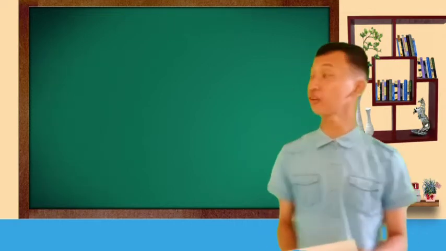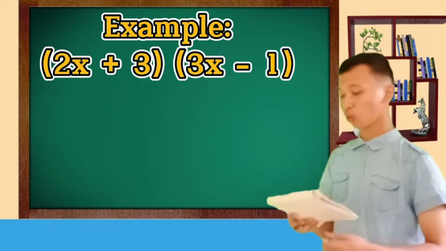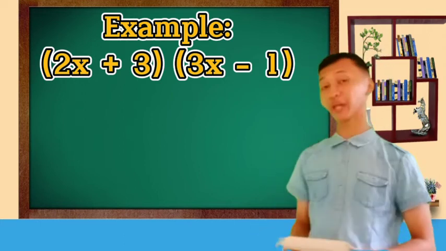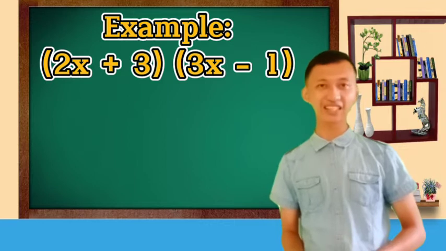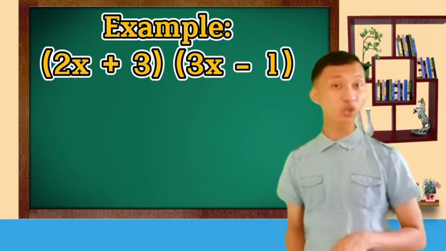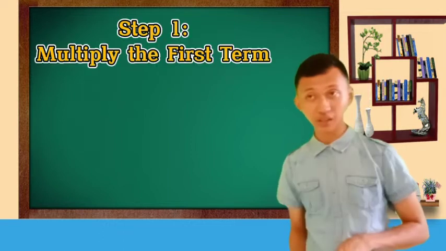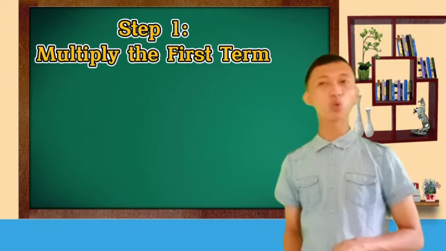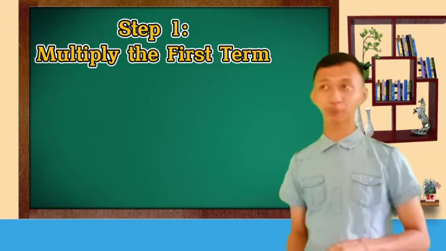So I have here our example number 1, which is (2x + 3) multiplied by (3x - 1). So first step, we are going to multiply what? Yes, we are going to multiply the first terms. So what are our first terms?